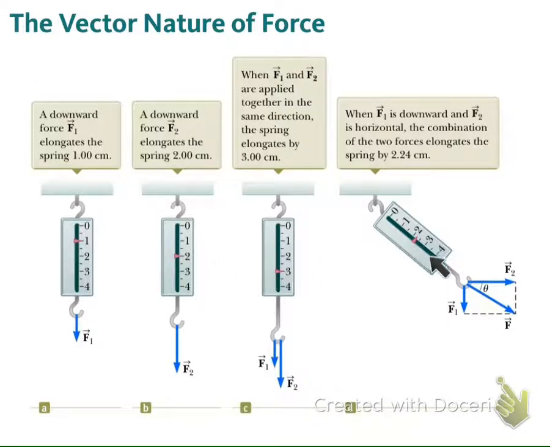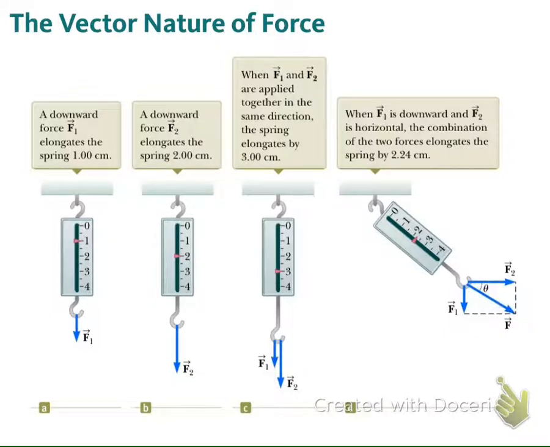But if the directions of F1 and F2 are not the same, you have to use the vector rule of addition to add these two vectors together. This is true both for the magnitude of the resulting force and the direction of the resulting force.